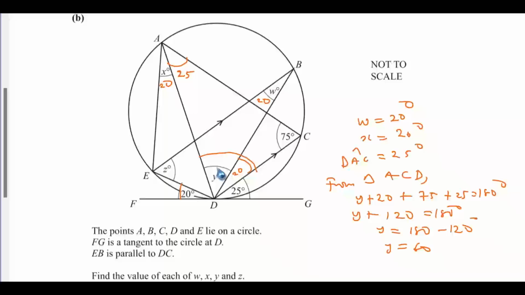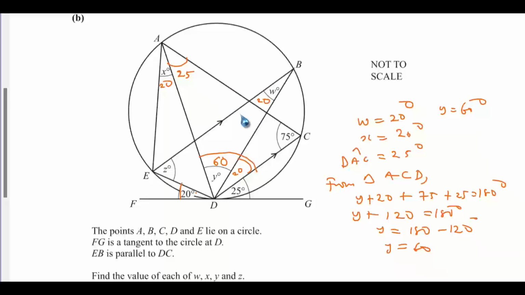So I can put the value of Y here. Y is equal to 60 degrees. So I found it. Y equals 60 degrees. Later I will transfer it to the right place. So alternatively, you can get angle Y, since you know that in triangle ACD, here is 25, here is 75. So these two add up to what?